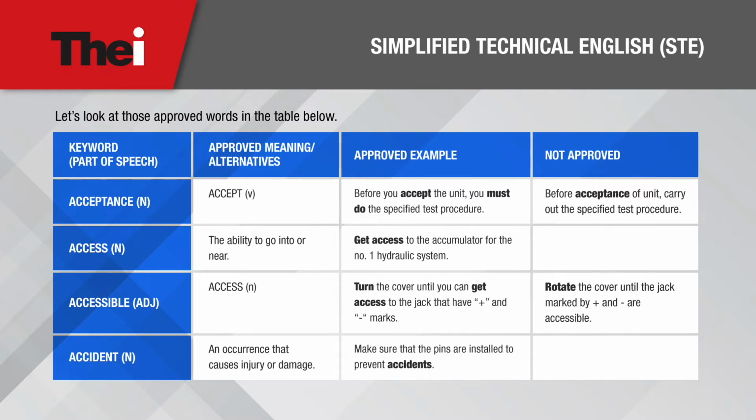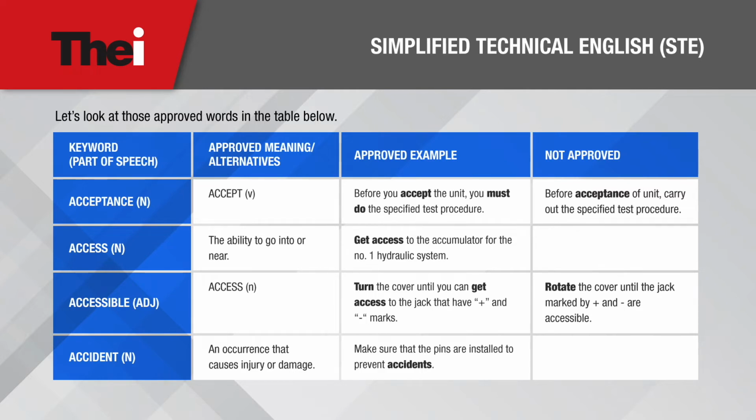You can see from the first column the keyword is acceptance, but its approved word and example is ACCEPT, the verb in capital letters, in the second column. This means that you are not allowed to use the word acceptance, the noun, used in column 4. You can only use the capital letter word ACCEPT in column 3, which is the approved one.